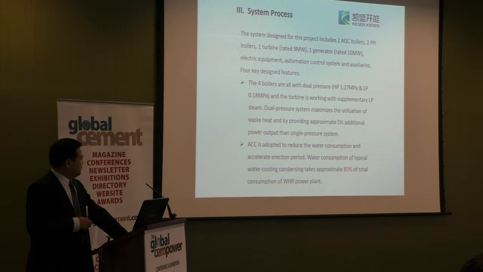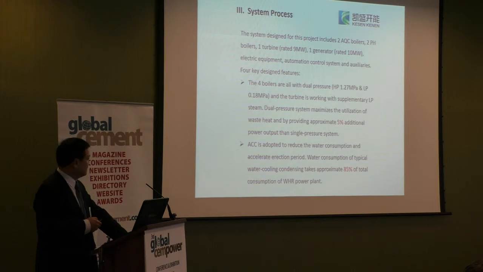ACC, the air cooling condenser, is adopted to reduce water consumption because this is a water-scarce area. It takes approximately 85% of the total water consumption of the project. It's in the Middle East, where water is lacking, so we have to choose ACC for this particular project.